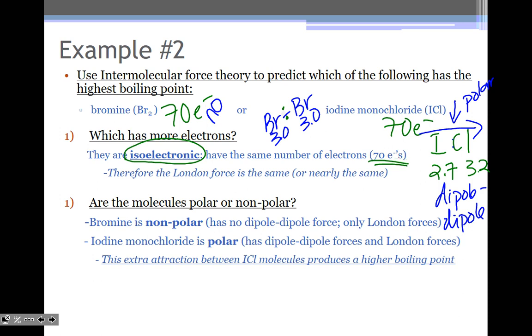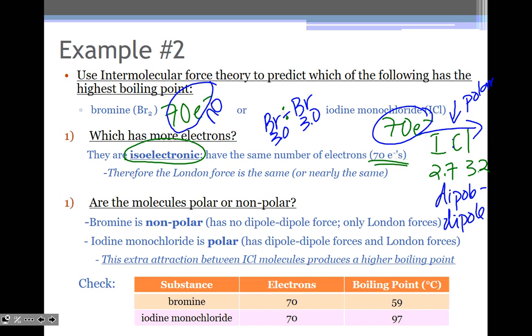Keep in mind, this is important because they have the same number of electrons, so the London dispersion force is the same. Let's check. Okay, both have the same number of electrons. This is nonpolar. Oh my gosh, my writing, so sorry. And polar, higher boiling point than bromine.